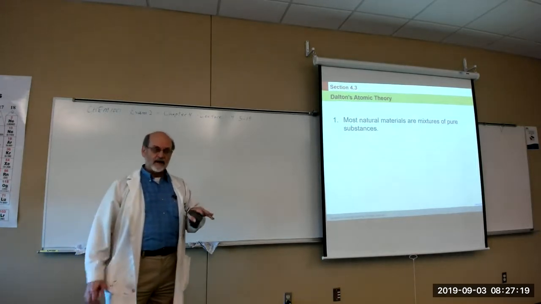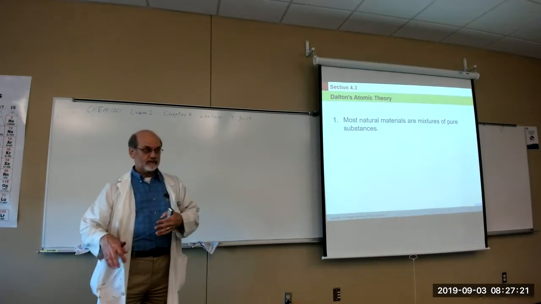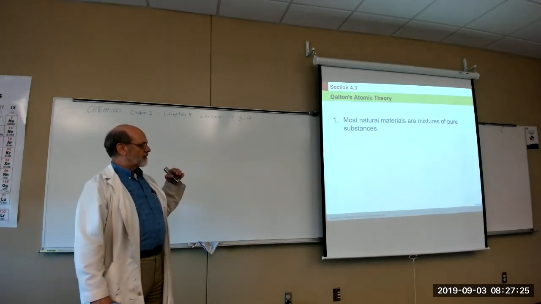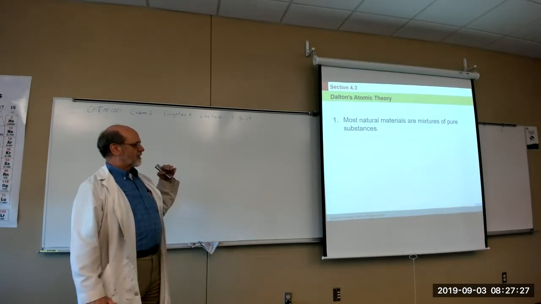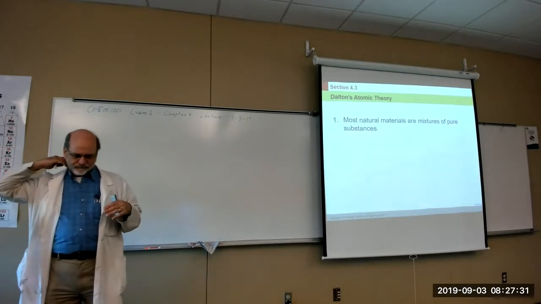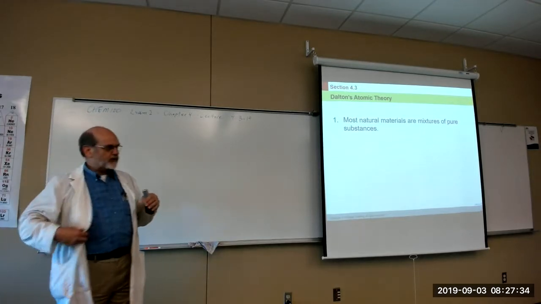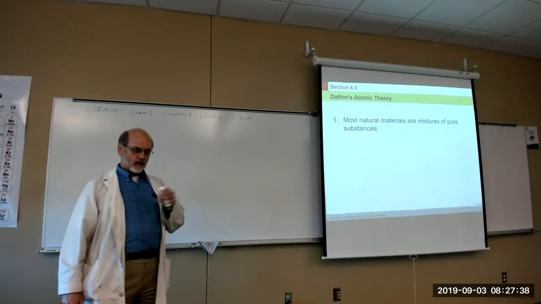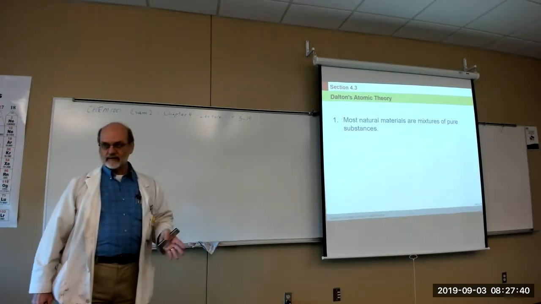And we'll go back, we'll introduce some of those laws at some point. But as far as why atoms are the way they are, it was Dalton who came up with the first theory. So he didn't just say, this is what happens, he said this is why it happens.